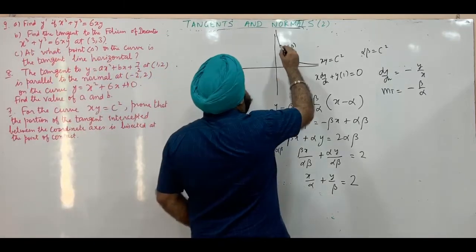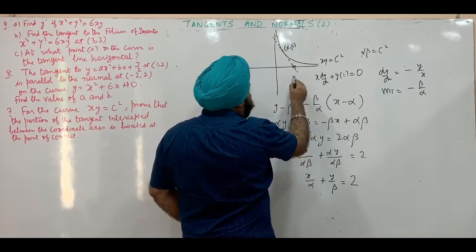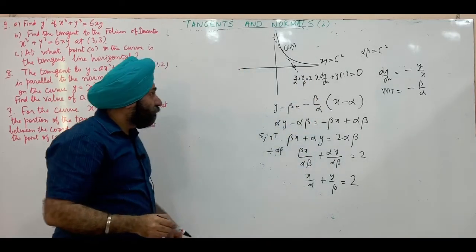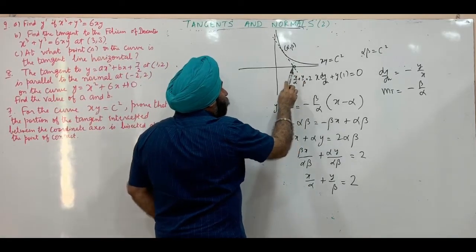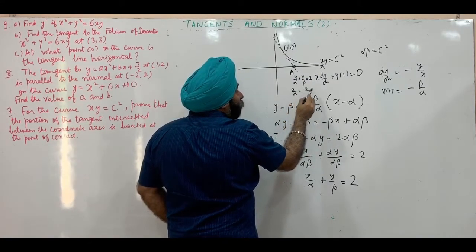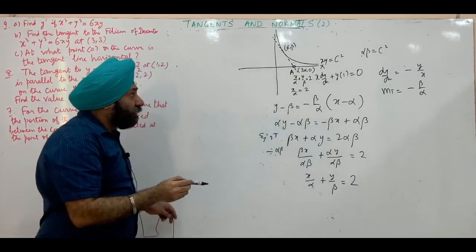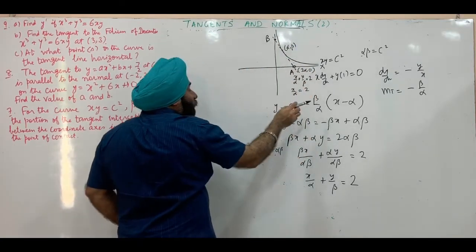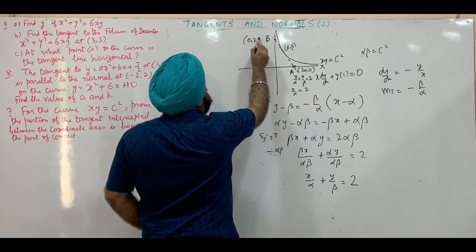So the tangent has the equation x upon alpha plus y upon beta equal to 2. We can find this point on the x-axis, where we put y equal to 0. So x upon alpha is equal to 2, or x is 2 alpha. So this is 2 alpha comma 0. Similarly, we can find this point, let's say B, on the y-axis where x is 0. So y is 2 beta. This is 0 comma 2 beta.